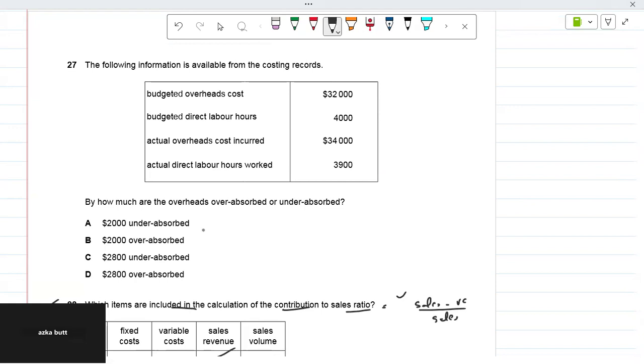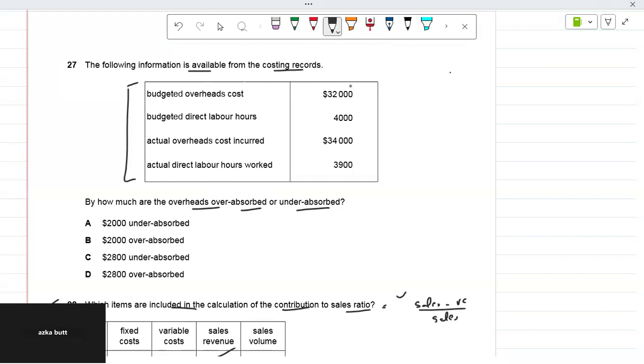In question number 27, the following information is available from the costing records. By how much are the overheads over-absorbed or under-absorbed? So we want to find out the overhead absorbed, whether this is over or under-absorbed.